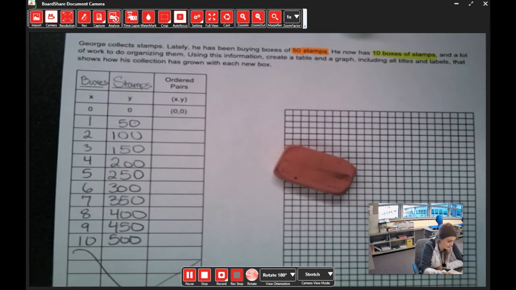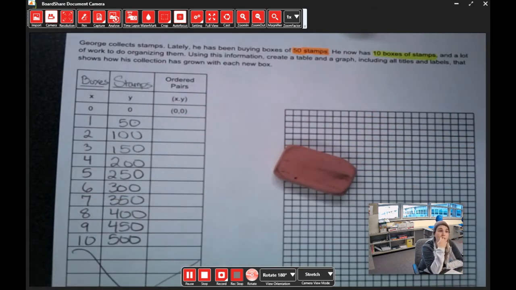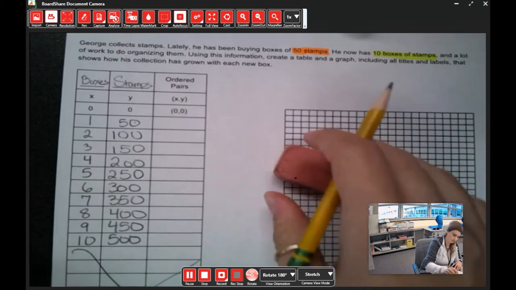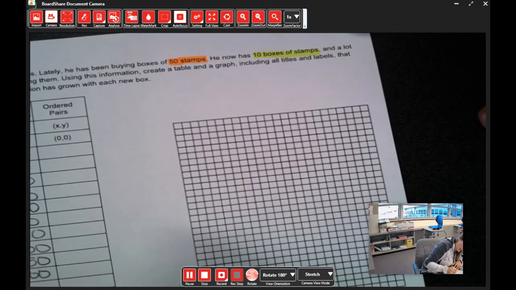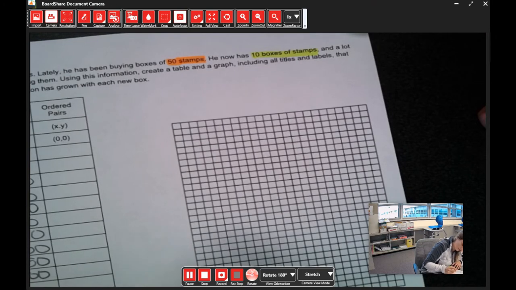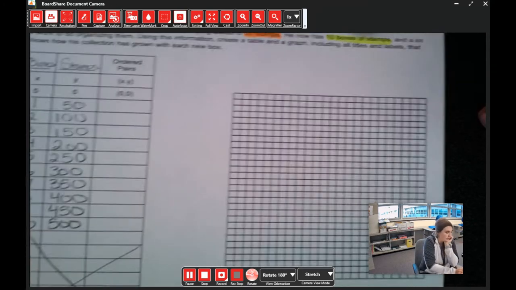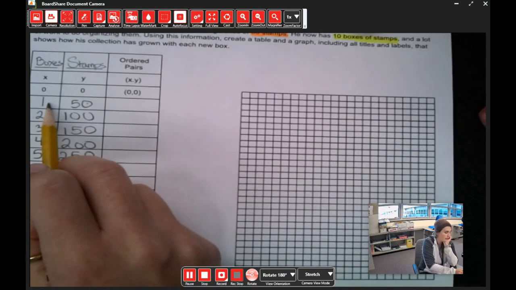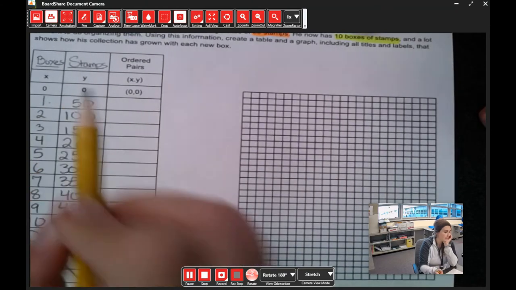All right. So if I'm writing an equation to represent this chart, let me think here. Whatever number is here times 50 gives me the number over here.